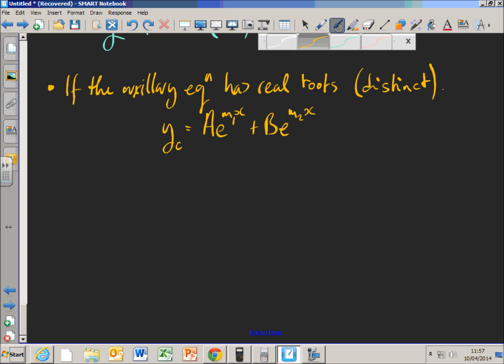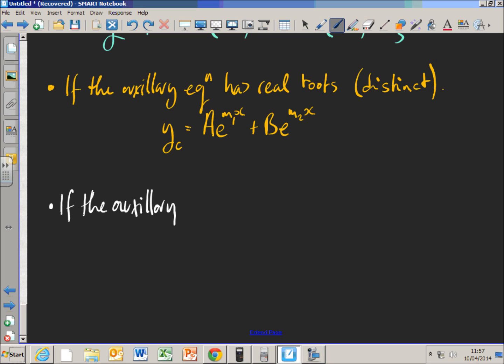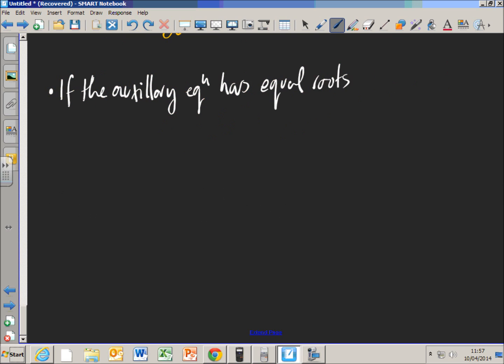If the auxiliary equation has equal roots, then what form do we have? Yeah, a e to the m x, the m's are the same, aren't they? Plus b x e to the m x.